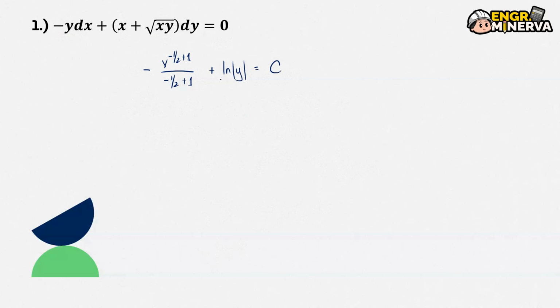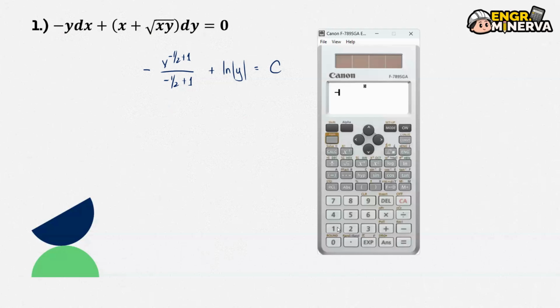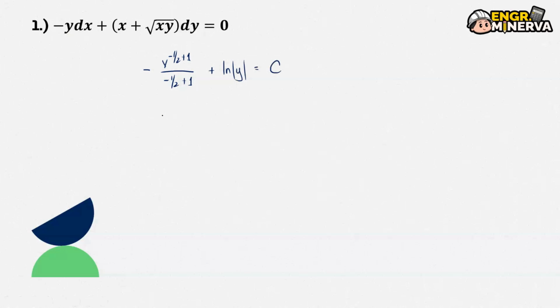Simplify: negative 1/2 plus 1 is 1/2, so negative 1 divided by 1/2 gives the coefficient negative 2. So negative 2 square root of v plus ln of y equals c.